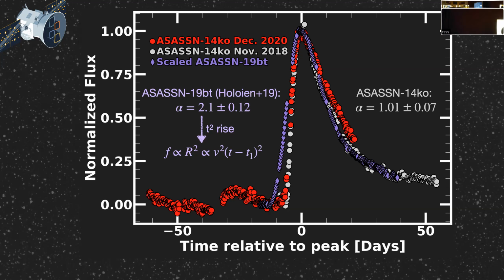And so what we see with 19bt is that there's a t-squared rise. There are only 3 objects in total for TDEs that have this early time measurement. And they're all consistent with a t-squared rise, which is what we would expect for a simple outflow expanding at a constant velocity.